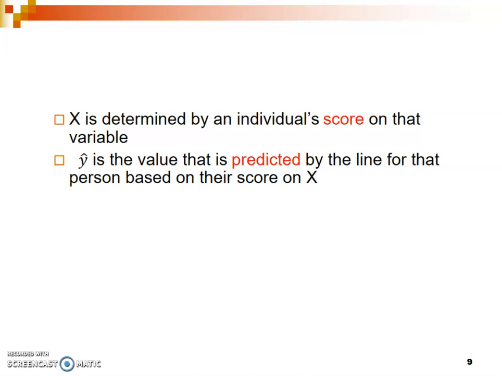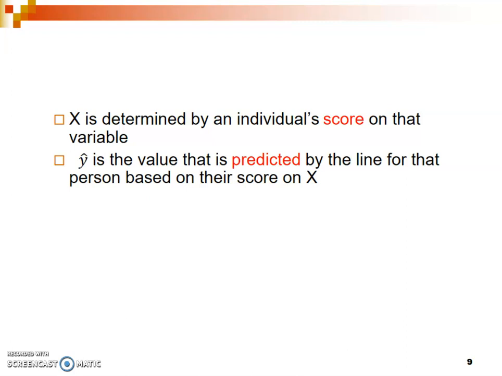It's not anybody's actual data. It's just the value for y that's predicted by your line. I'll show you a little bit more of what that looks like in a second. But when we're dealing with regression, do remember that we're using an x value to predict somebody's value on y. That's why we're using y hat in our equation, because that's representing the predicted value of y.